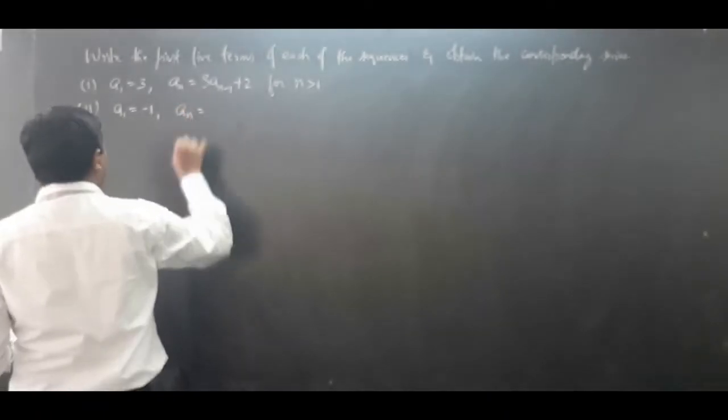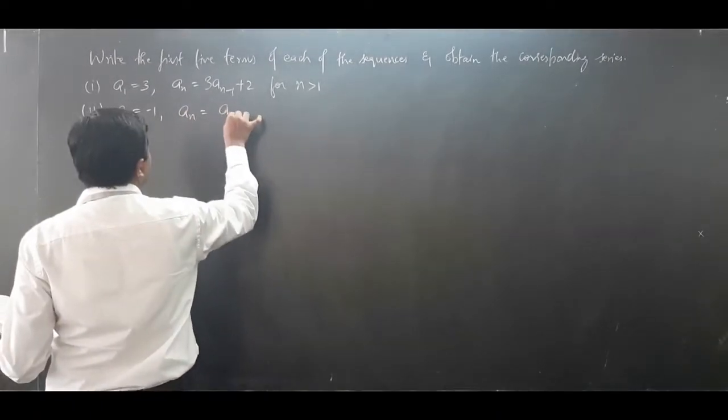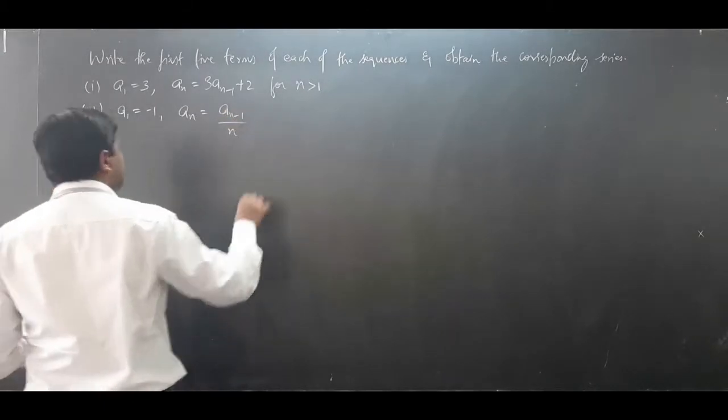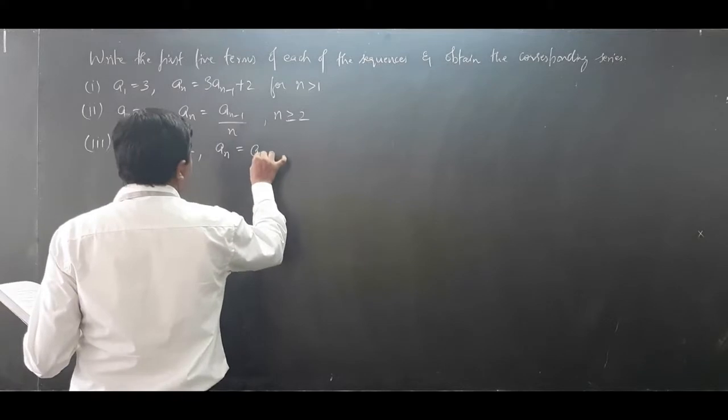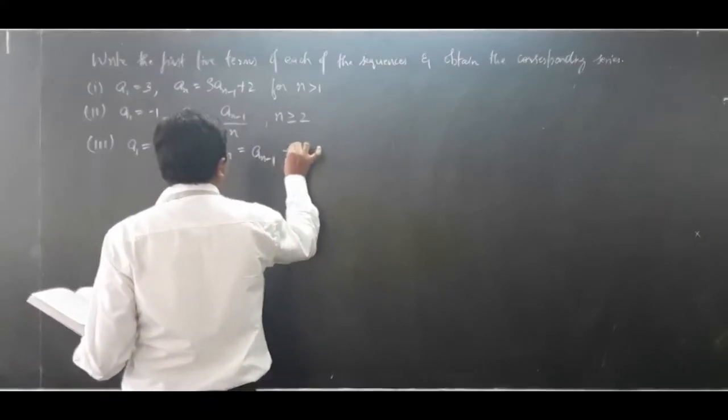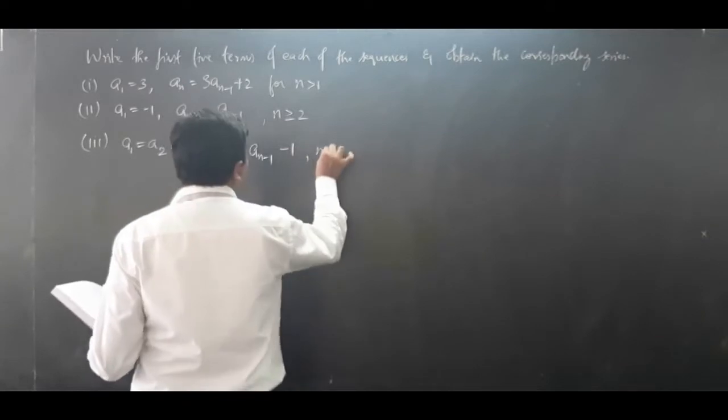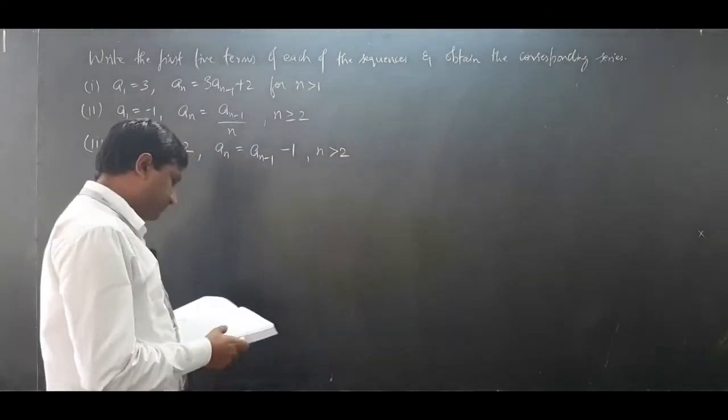Sub-question number 2: a1 equals minus 1, an equals an minus 1 by n, where n is greater than or equal to 2. And the last problem: a1 equals a2 equals 2, an equals an minus 1, when n is greater than 2.